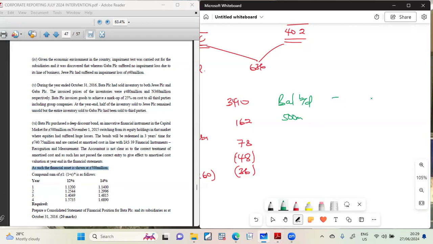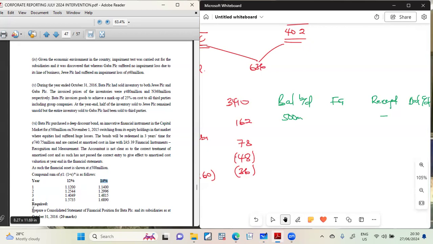So finance gain, then we have receipts. Since this is a financial asset, it will not be a payment but a receipt. We are not told how much they receive on a yearly basis, so there wouldn't be any receipts. Then we have our balance carried down, which is supposed to show in the balance sheet. So now, what is the finance gain? The 12% and the 14%, which one do you use?